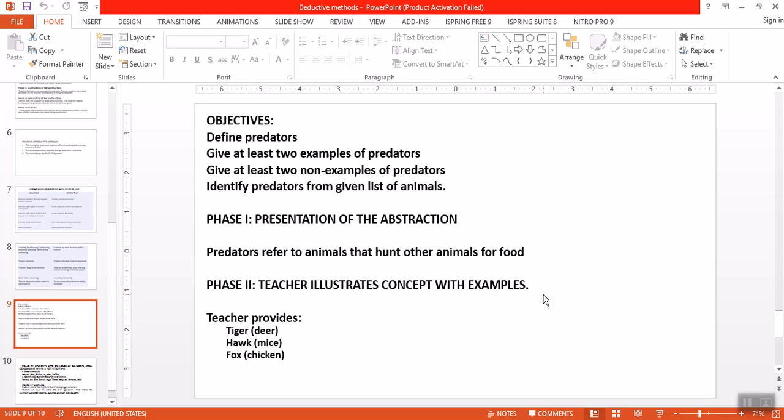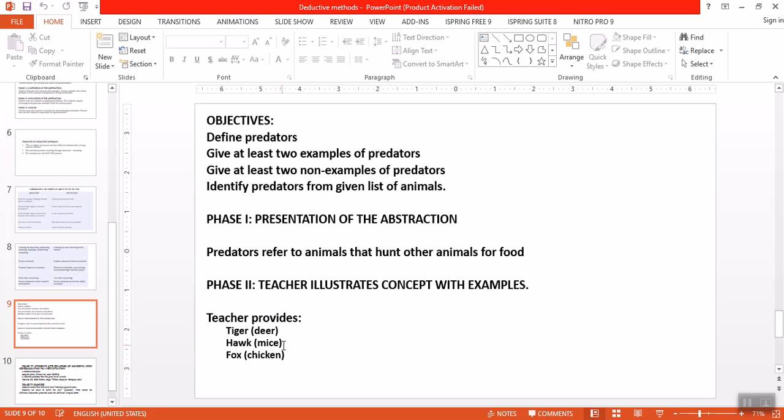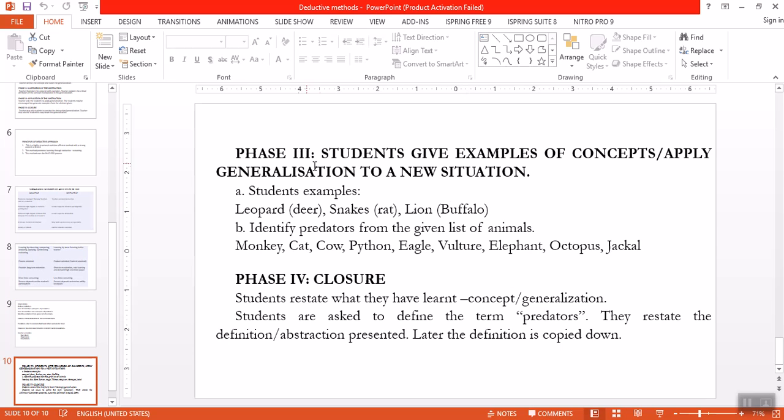Number 2, the teacher provides examples, and you see the teacher has written all the examples. Then phase 3 is non-examples and applying the generalization. For example, they should be able to use that example and sort out those examples and non-examples from a given list.